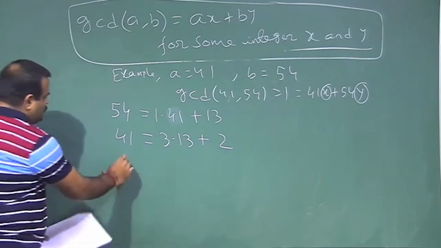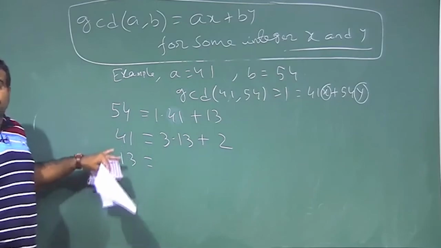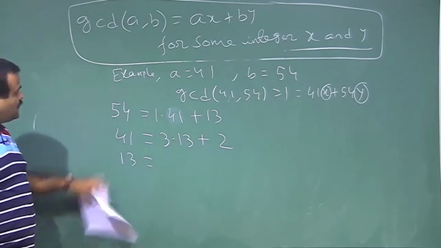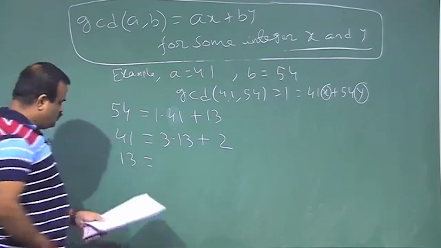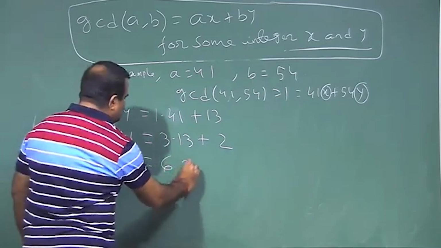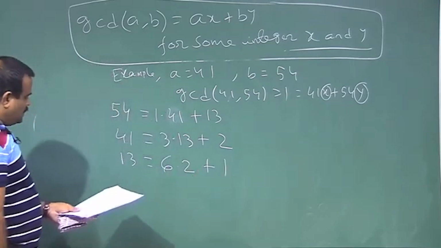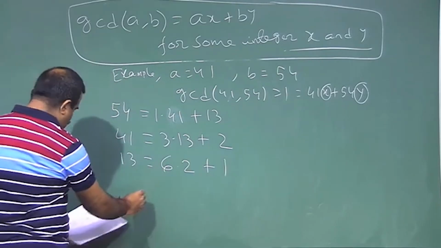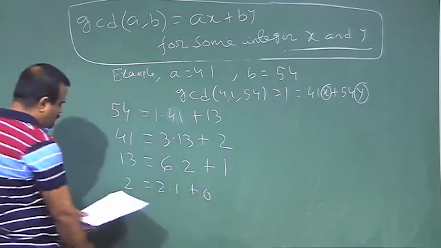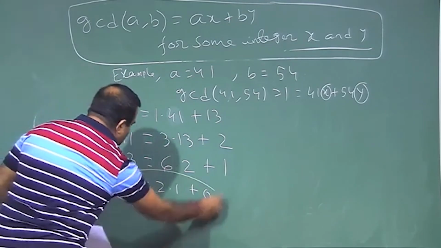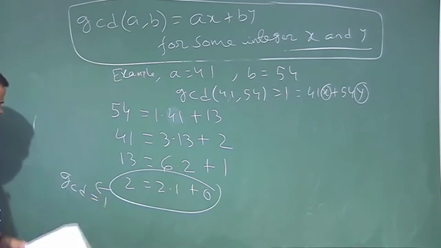Now we need the GCD of 13 and 2. This is 6 into 2 plus 1. Now we need the GCD of 2 and 1, which gives 2 into 1 plus 0. So this last step tells us the GCD is 1.